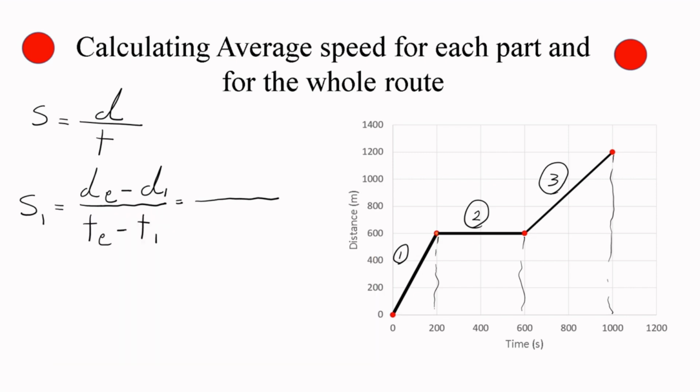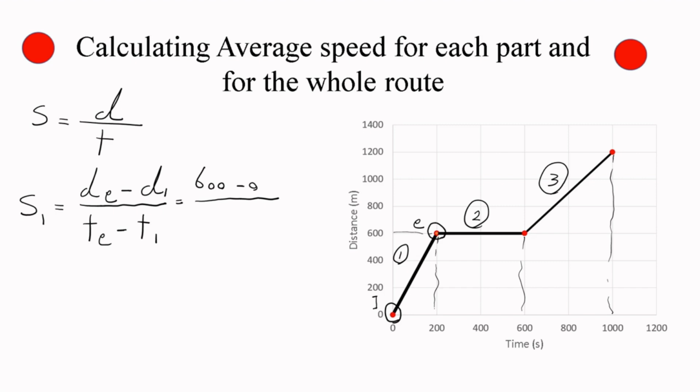What is the ending point of the first part? As you definitely can see, this is the ending point of the first part and this is the initial point of the first part. What is the distance of ending point? It is 600. What is the distance of the initial point of the first part? As you can see, it is 0.